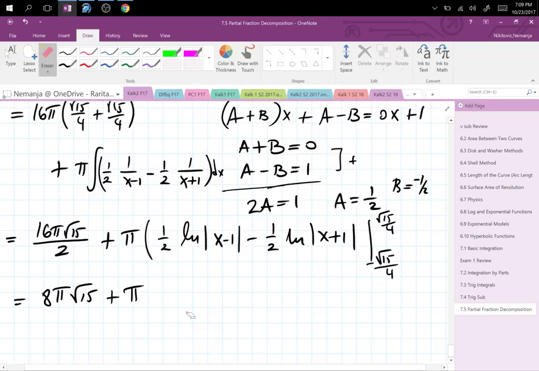Let me write it nicely. I'm going to kick 1/2 outside, so pi over 2. And when I condense these guys, it's ln of x minus 1 over x plus 1. And we have our limits.